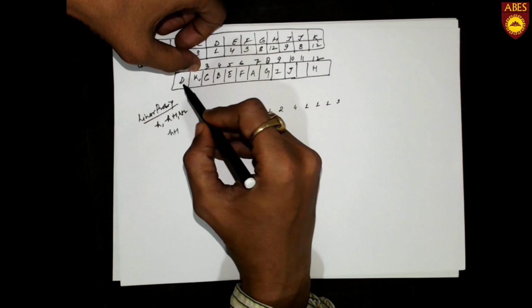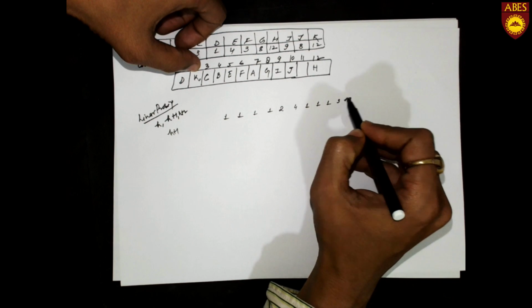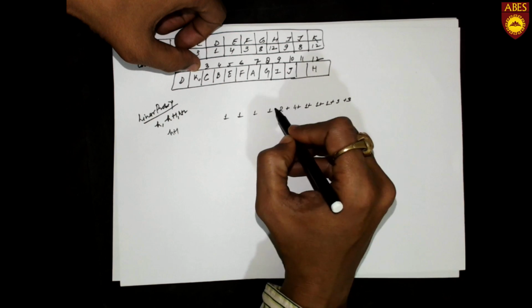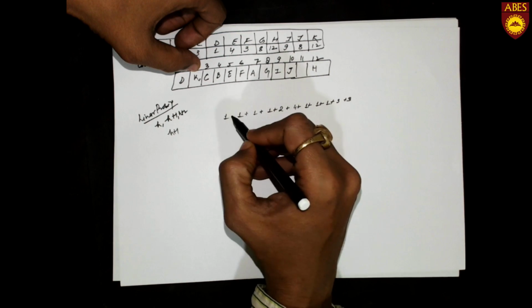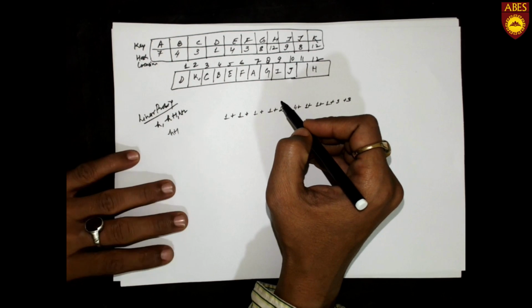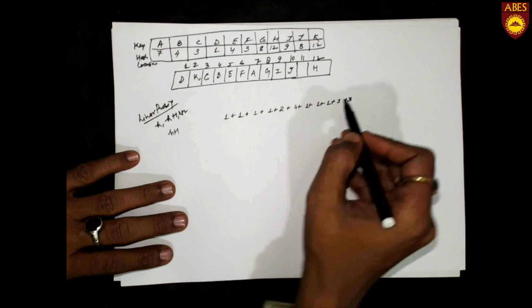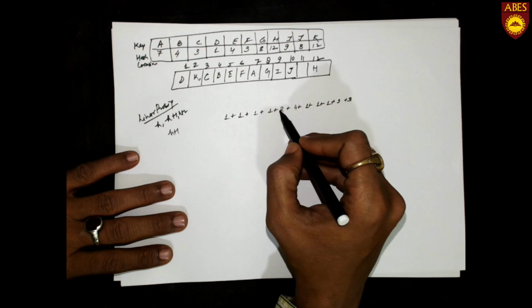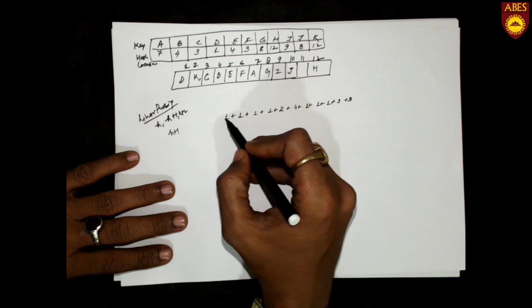1, 2 and 3. So total number of comparisons that you have done for searching every element in this given data is actually this much. So this is actually 3 plus 3, 6, 7, 8, 9, 13, 15, 16, 17, 18 and 19.